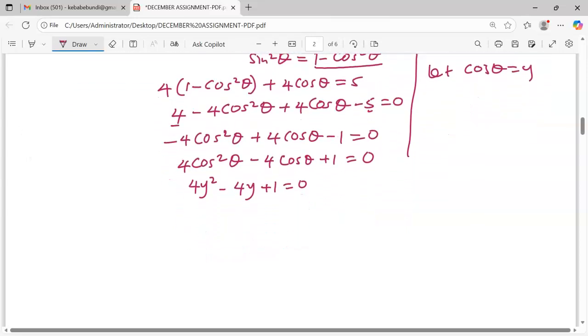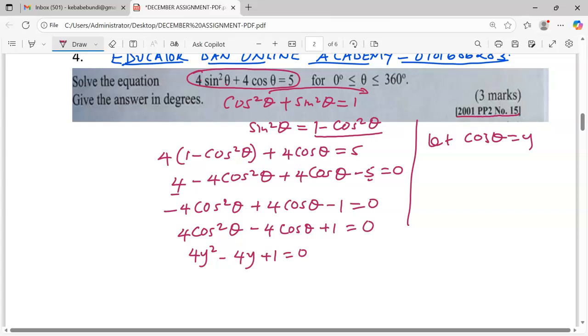This is a quadratic equation, and therefore we can use the product-sum method. Using the product-sum method, we are going to have 4y squared minus 4y plus 1 being equal to 0.